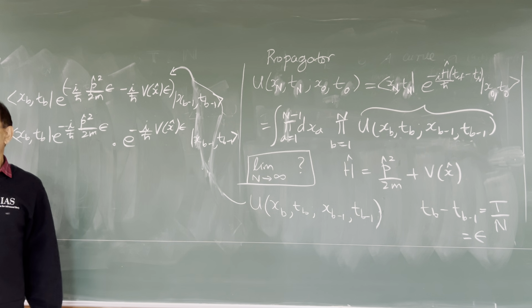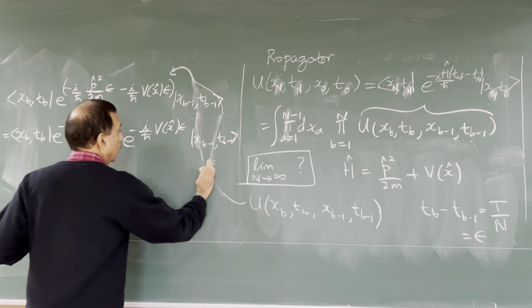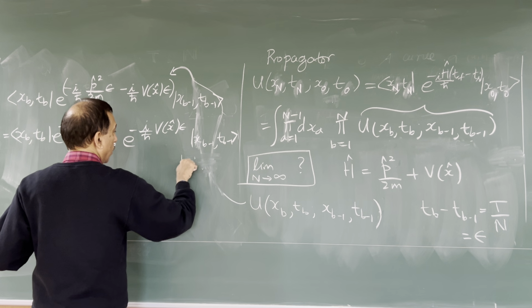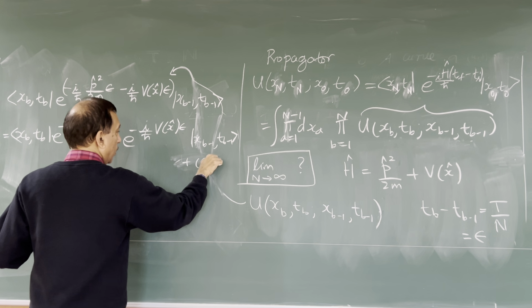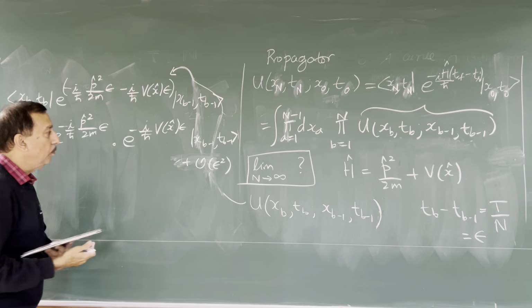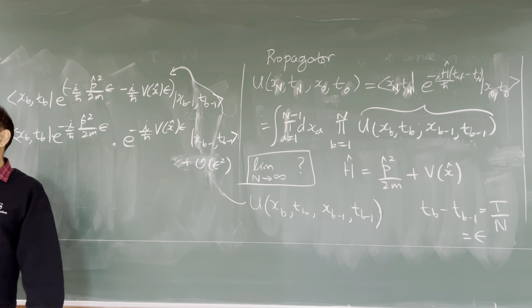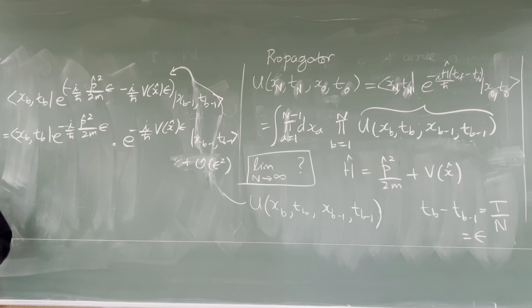So that we are neglecting. So here we made an approximation, plus, this is a standard way to write it, plus terms of order epsilon squared, which we don't care about. Because we are going to take epsilon to 0, we are hoping this will make sense.